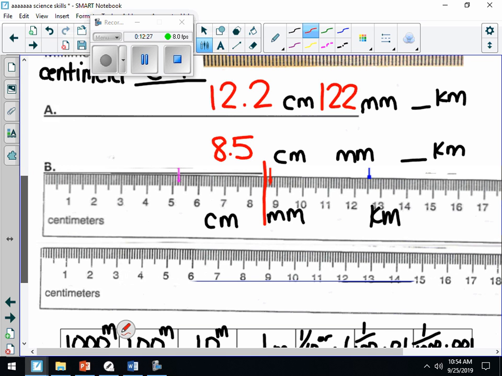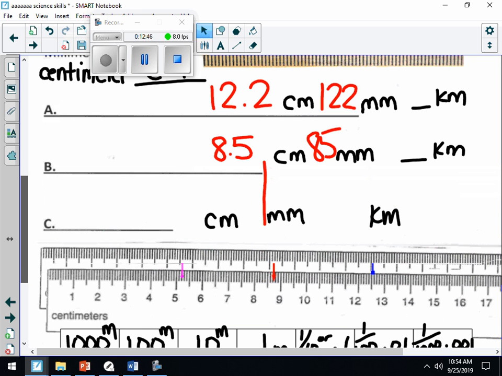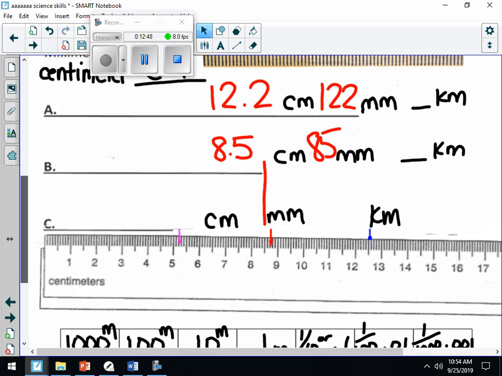Keep going. 60. Come on, Ayami. 70. Keep going. 80. 81. Thank you. 85. We just ran a marathon. Good job. There are 10 times more millimeters than centimeters. Pfeiffer, what is the base we're using? The base of 10. Thank you.